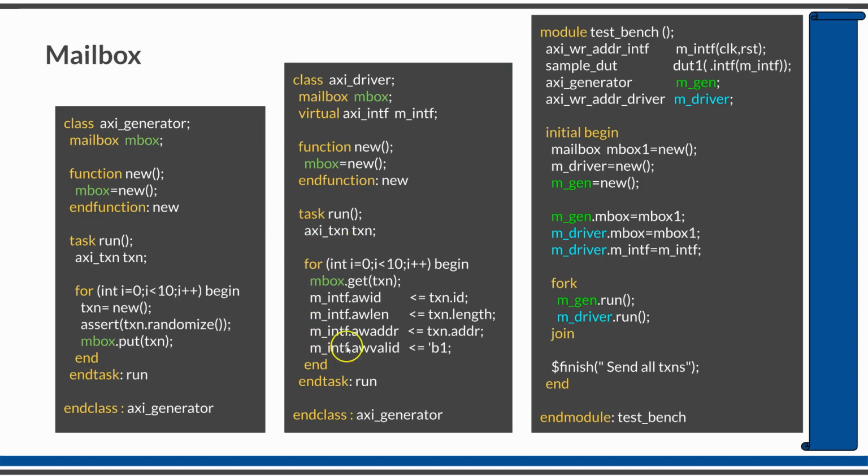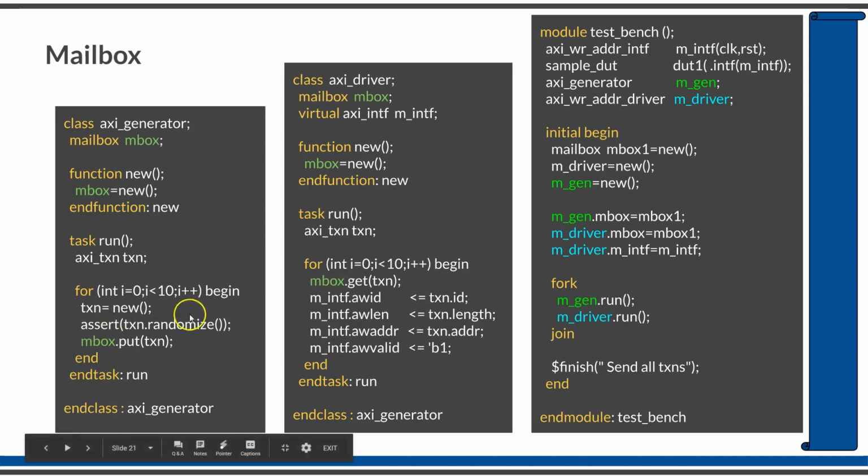In a repeated for loop, it is getting a transaction from this mailbox. mbox.get will block until a transaction is seen in this mailbox, and after getting the transaction, it will be driven to this interface appropriately based on what kind of transaction and interface it is. This whole loop is repeated 10 times.